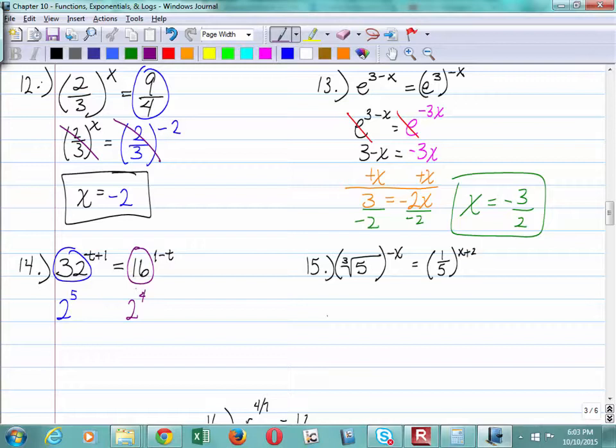So then the 5 will just get multiplied times t plus 1, and the 4 will just get multiplied times 1 minus t. So then I can just cancel out the 2's, and then I'll go ahead and distribute the 5, so that would be 5t plus 5 equals, and then I'll distribute the 4, so that would be 4 minus 4t.